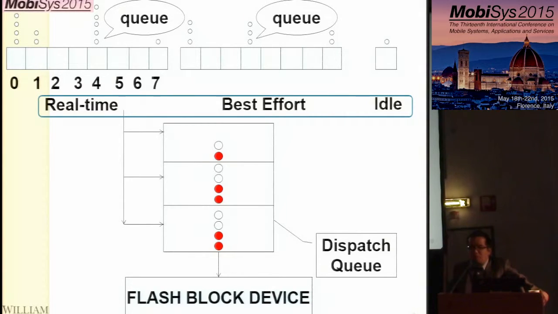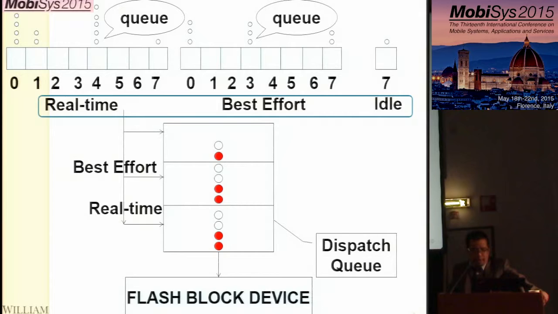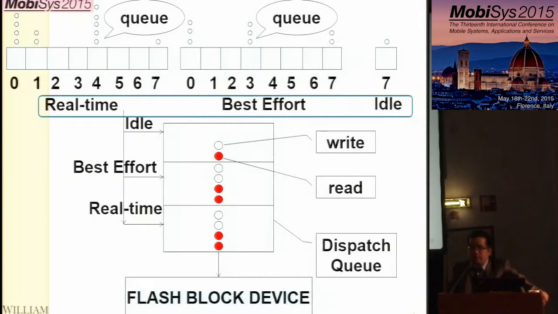And also based on the priority within the classes from 0 to 7, where 0 is the top priority. The big thing here is that reads precede writes. Okay. So you see, the design is very simple.